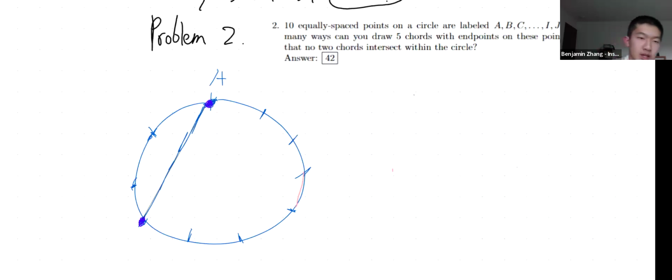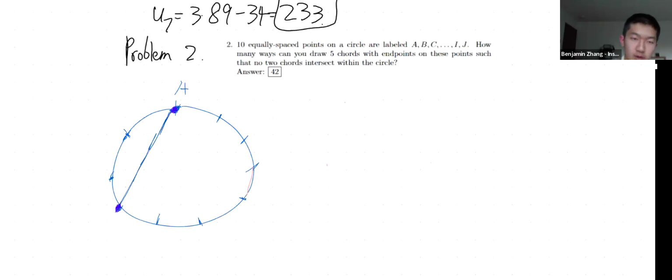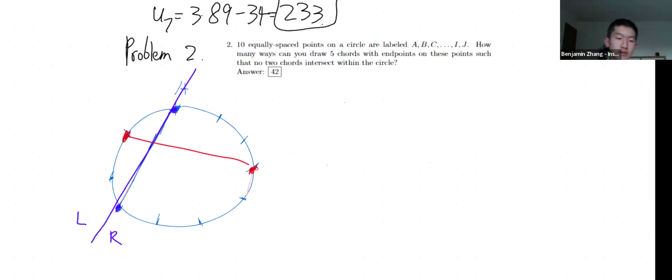Yeah, the 2 left points must be paired and the 2 right points must be paired. Yes, exactly. This splits the circle into 2 portions. Let's label them left and right. We cannot have a chord from a point on the left portion to a point on the right portion, because then it would intersect, which contradicts what we have.